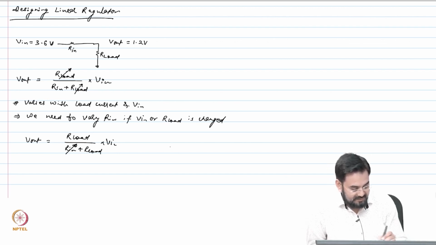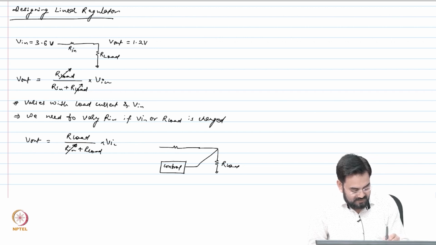Which means if this is your R load, there is a control block, which will basically vary this R in.